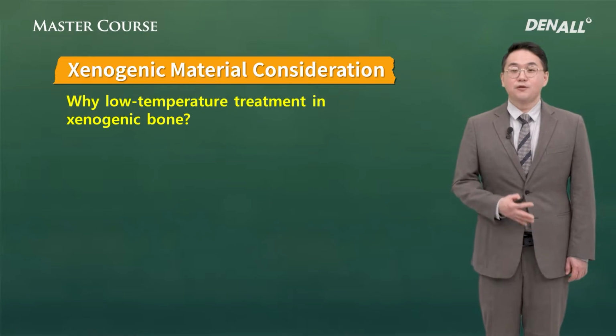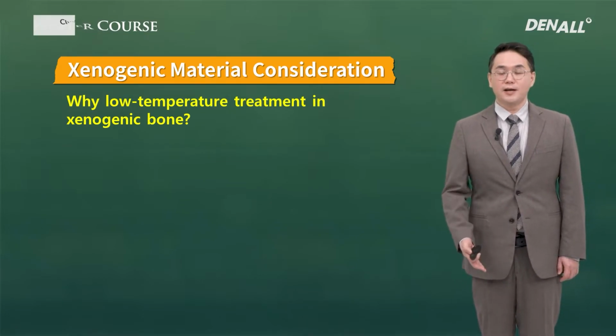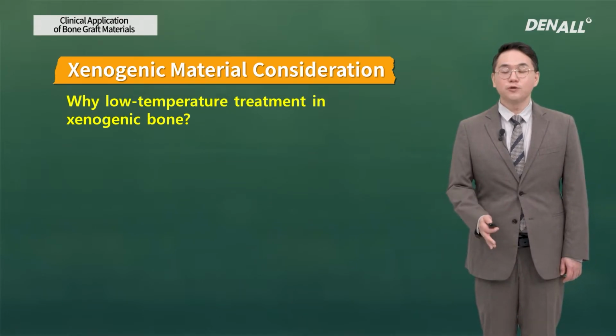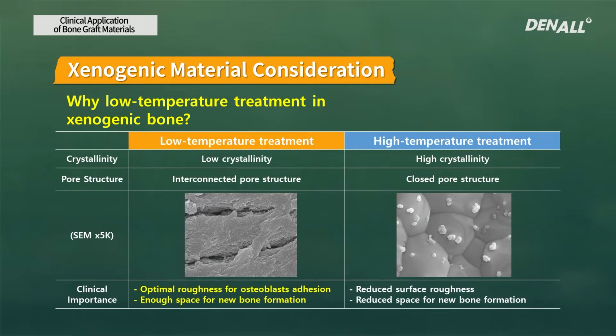I talked about removal of organic material through heat treatment that's burnt out. Depending on the temperature, the basic structure would get varied. The purpose of using the low temperature treatment is to remove the organic material while maintaining the bovine or porcine cancellous bone similar to human. What about high temperature treatment?